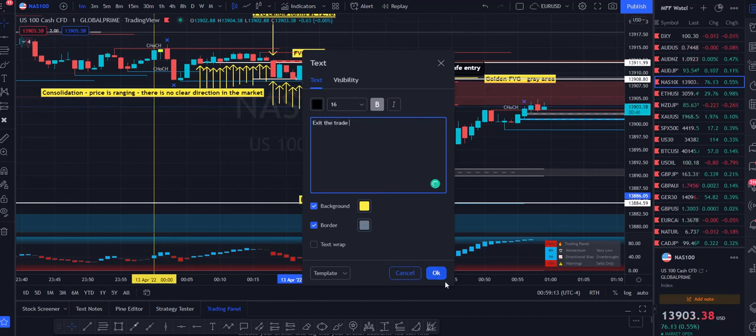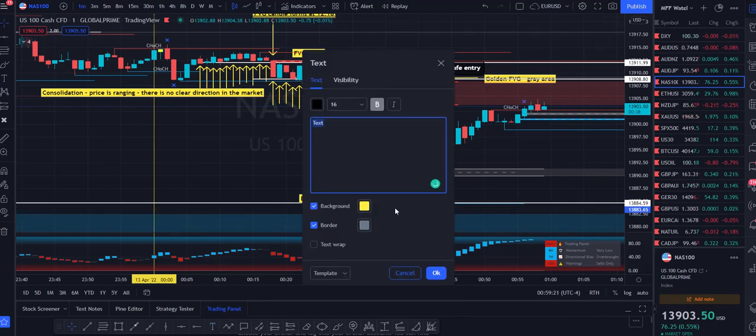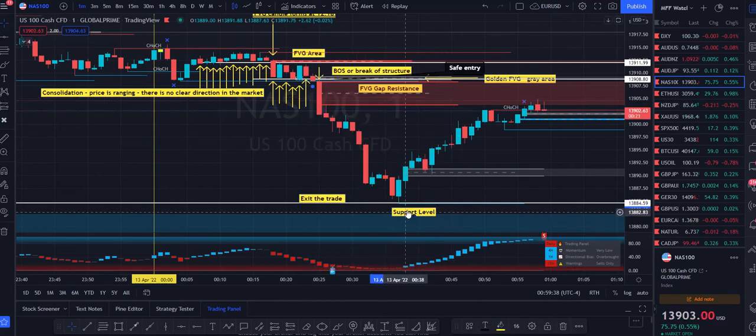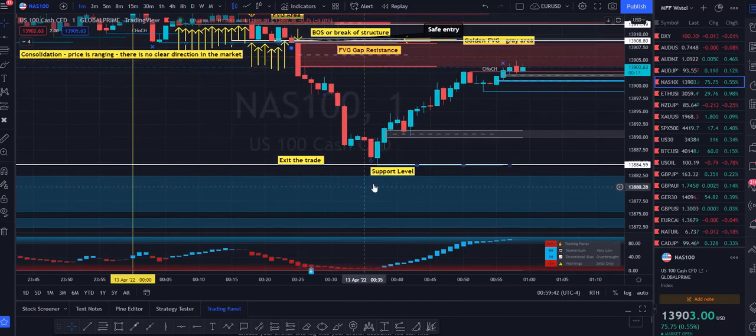You're exiting the trade because you've got a form of support here. This is a support level here. And you can also see, let's call it a level, that below the little line we have here, you're getting into a blue FVG down here, and these are support levels.